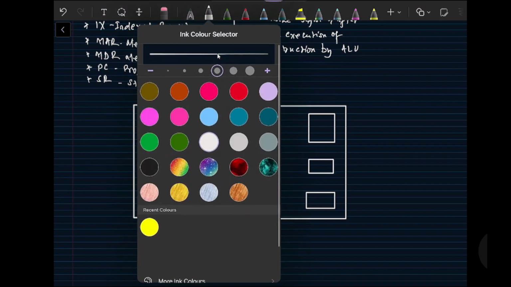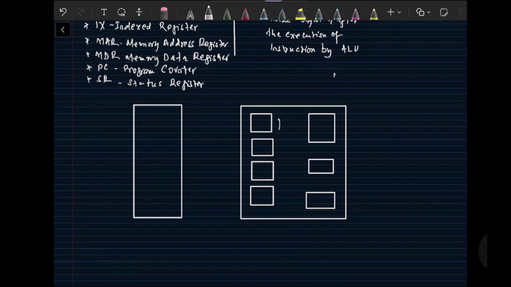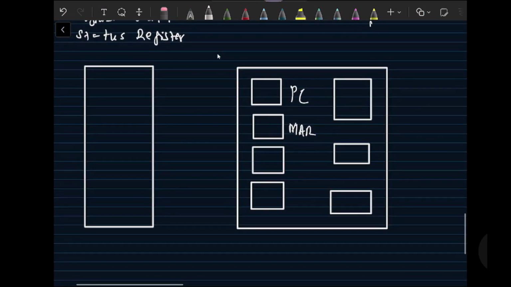So I made all these here. So this is the program counter, MAR, then this is the MDR, CIR, accumulator, this is CU, and this is the ALU.